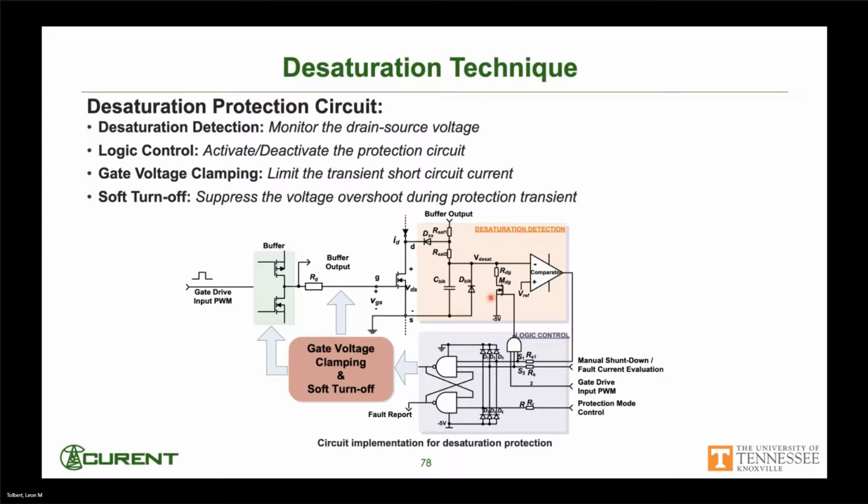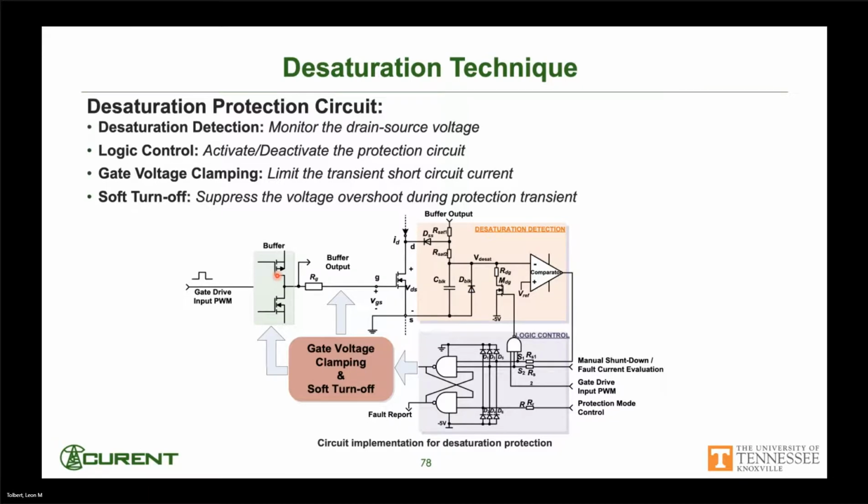This part is basically to monitor that voltage across our power device. And then this is to process that signal and say, hey, you're a little bit too high, and send a signal here to turn off, or to say it's okay and provide the traditional PWM gate drive.